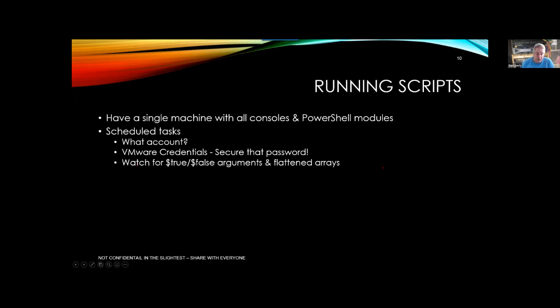Just a couple of things generally with scheduled tasks: true and false will generally get flattened and won't work. So if you've got something that takes a true or false, you generally have to change the script to take a string unless you use a switch type argument. And flattened arrays, what that means is, if I specify machine 1, machine 2, machine 3, like I mentioned earlier, then it'll actually pass a single item called machine 1, machine 2, machine 3.